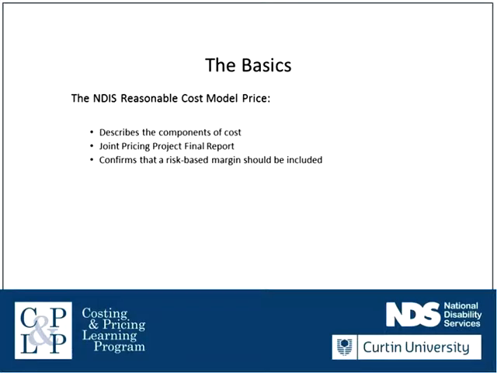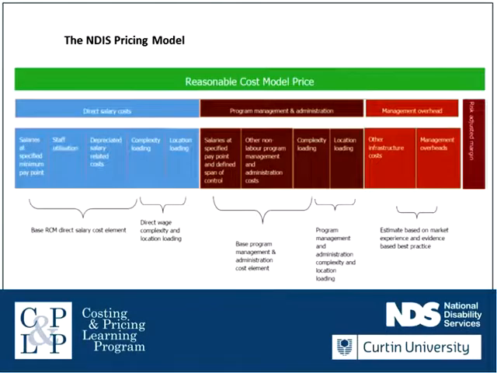Let's have a look at a schematic that provides an overview of the reasonable cost model price. We'll have a more specific discussion in a few moments on each of the components, but as you can see, essentially there are three sets of costs that are incorporated in this price, as well as a risk-adjusted margin to arrive at the total price.